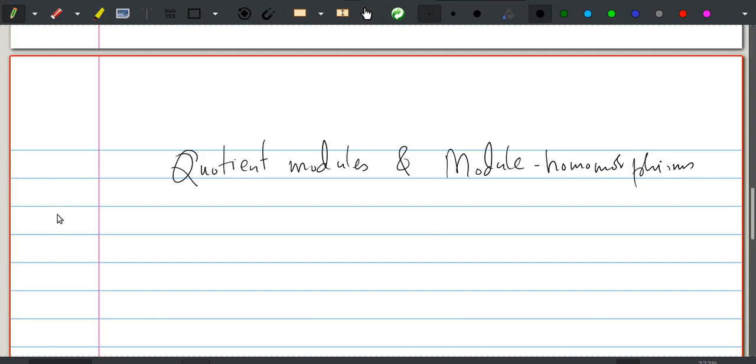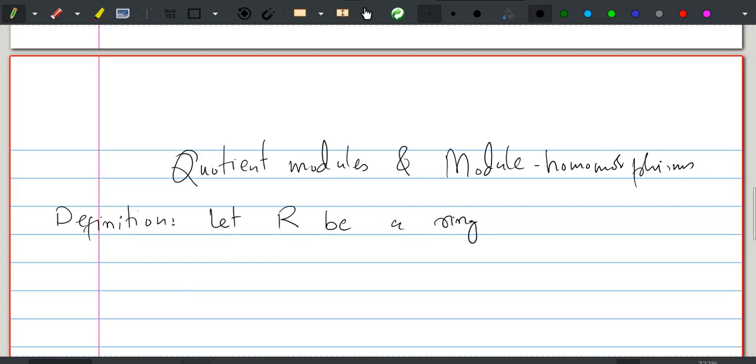So we have another definition. Let us consider R to be a ring, and M and N be R modules.